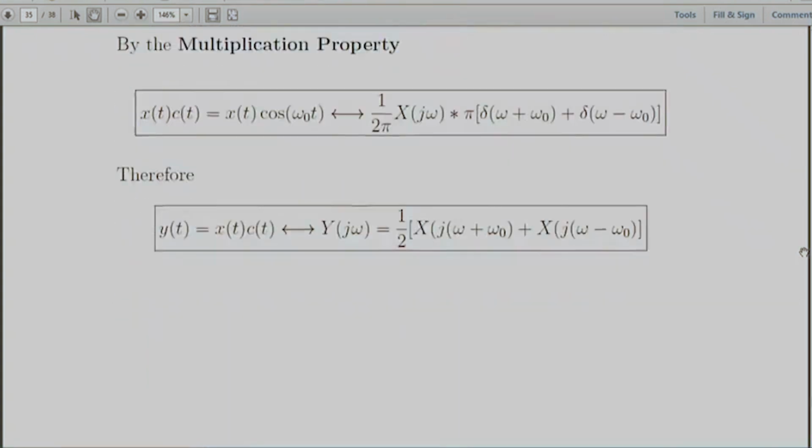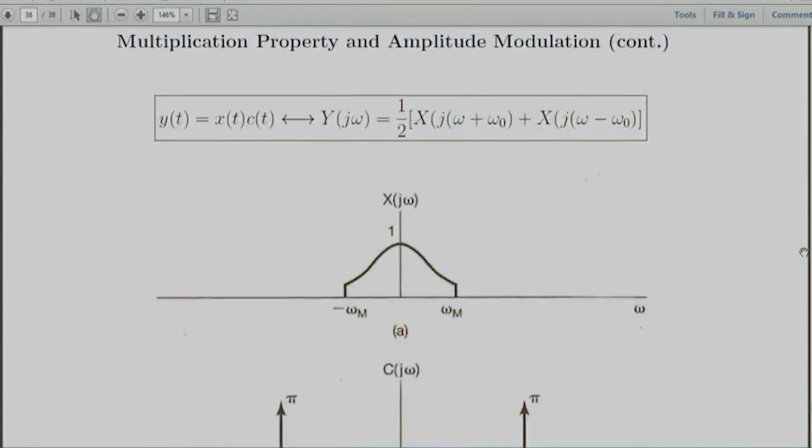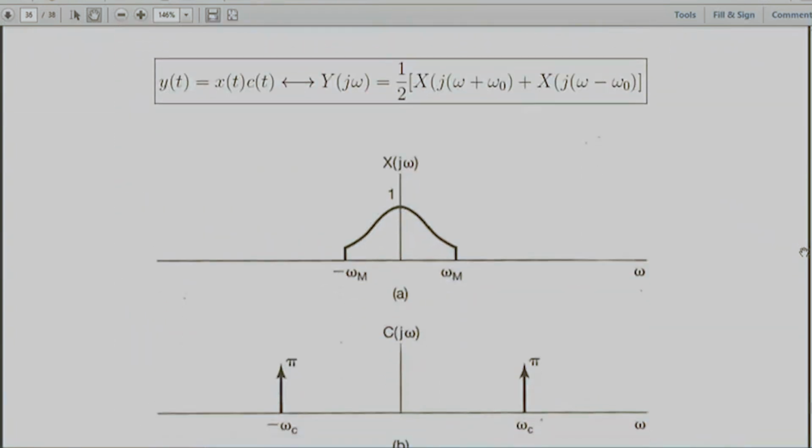So what does that look like pictorially? It looks like this. This is the formula. A copy of X shifted to the left and to the right, scaled by 1/2 and added up.